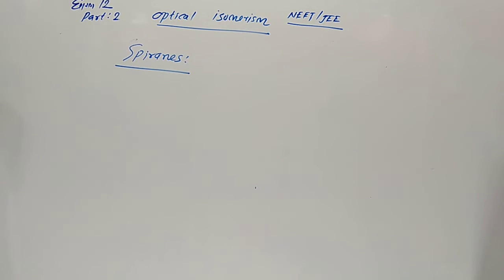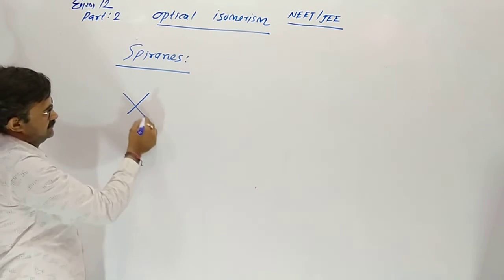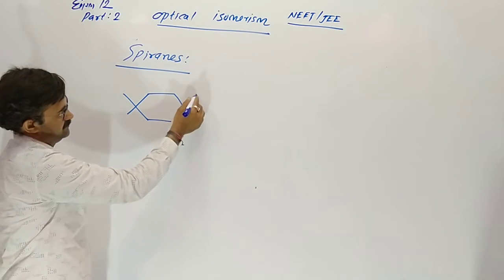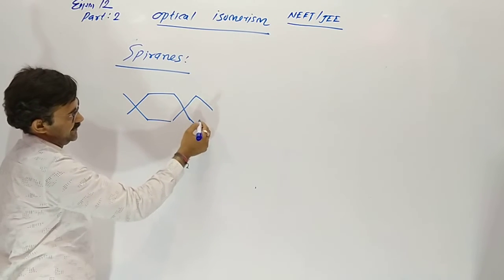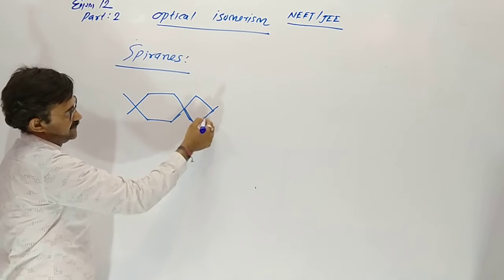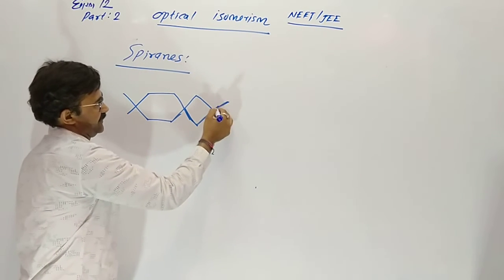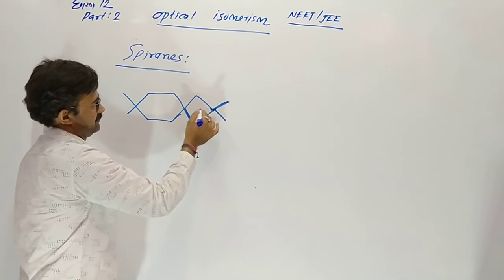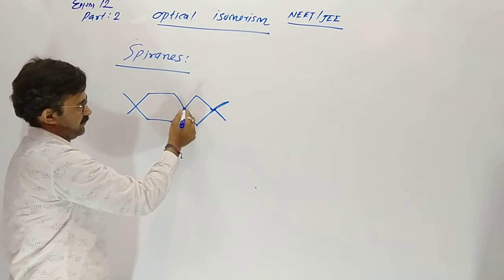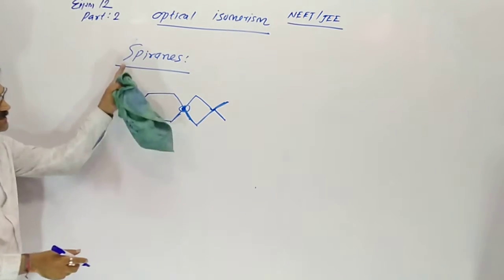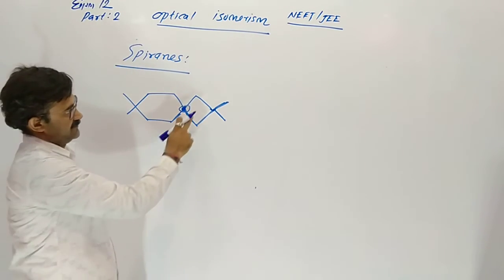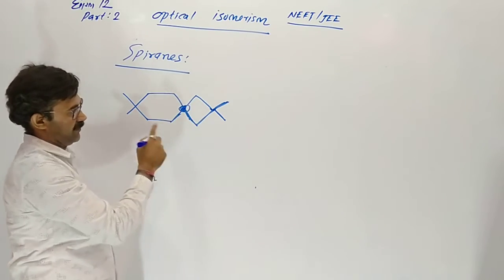optical isomerism occurs. We are taking this as spirane, two rings which are connected by a single common atom. A single common atom is called spiro. In the two rings, one carbon is common.